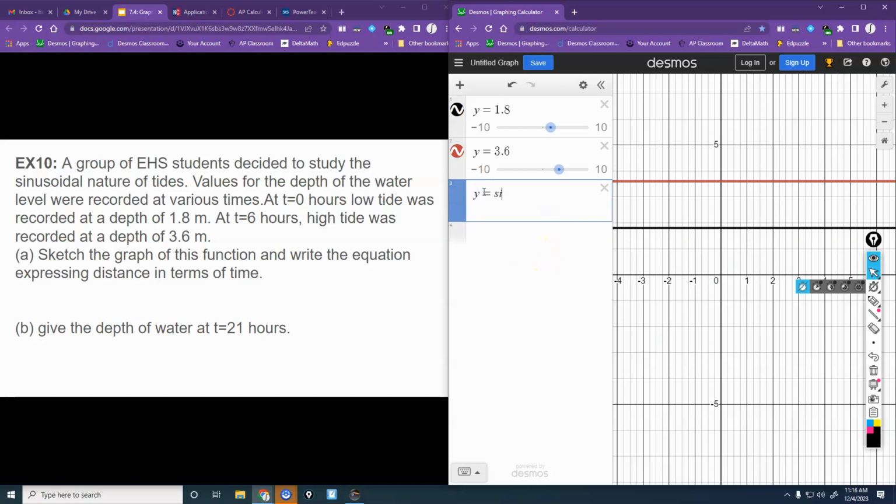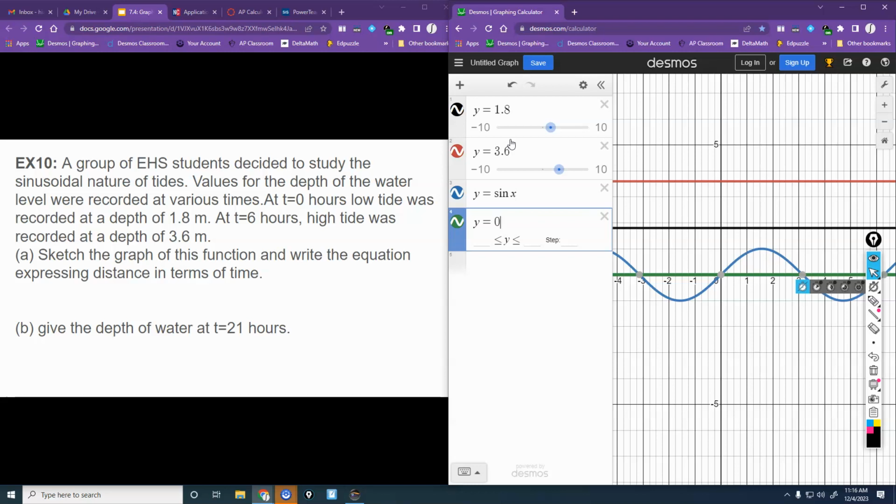I've got y equals sine of x right here. What should the midline be? It's not going to be 0. Right now it's at 0. I want high and low to be here. It's got to be halfway between 3.6 and 1.8, right?